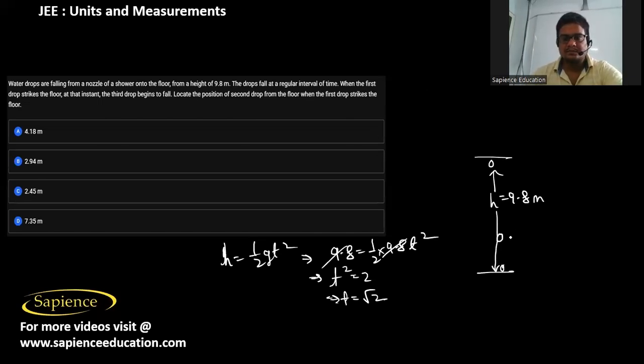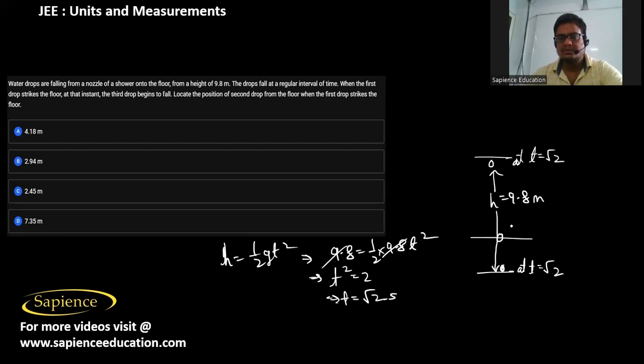So the time that the first ball will take to reach the ground is root 2 seconds. So therefore, at t equal to root 2 seconds, the third ball will start to fall, and at t equal to root 2 seconds, the first ball will reach the ground.